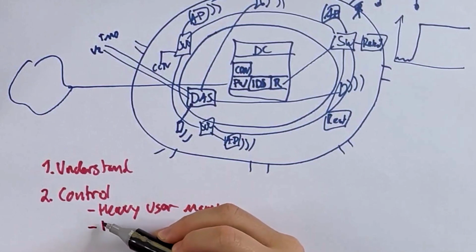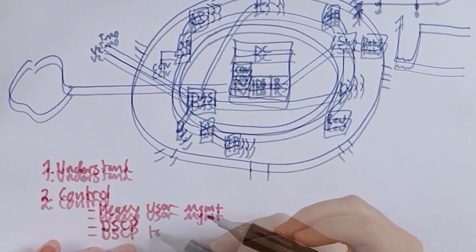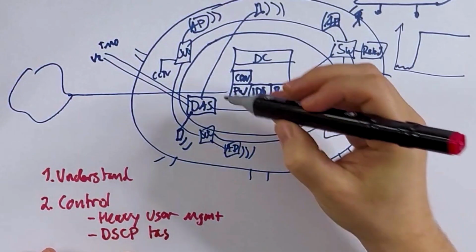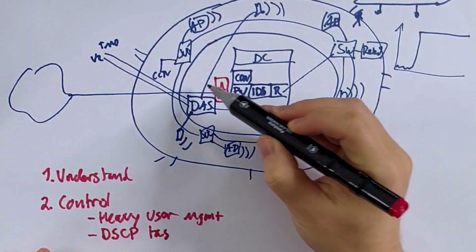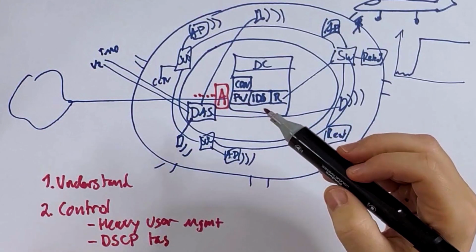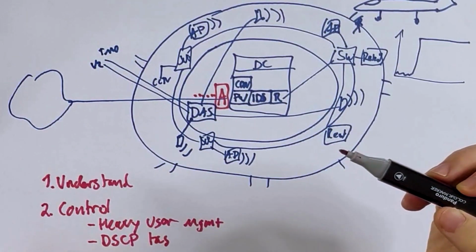Then I would say airports are perfect for doing DiffServ code point tagging. That's where a box like, let's say, AppLogic Networks sitting here, looks at the packets that are coming in, identifies the app or the user or the device, and says, well, this is a Zoom packet, I'm going to give it high priority. Or this is a software download, I'm going to give it low priority.